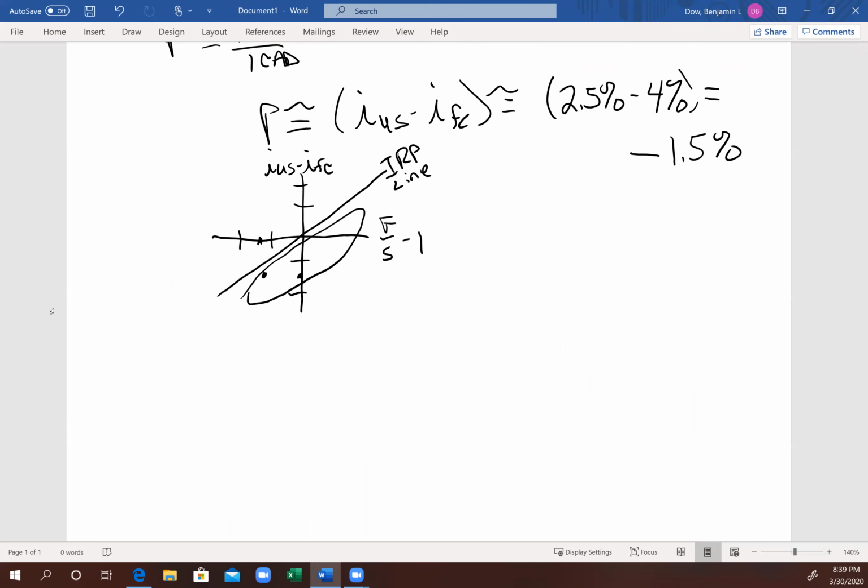So now that we've established that, if we have $1 million and the U.S. investor invests $1 million locally, and they're looking at this over 90 days, the U.S. investor could earn 2.5%.